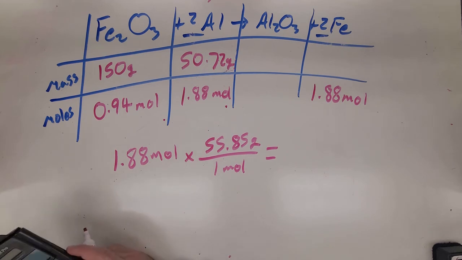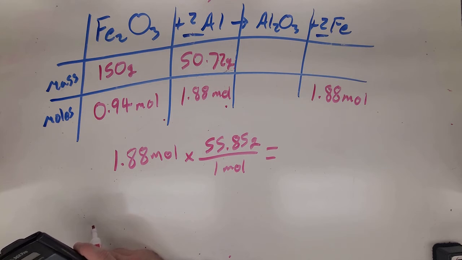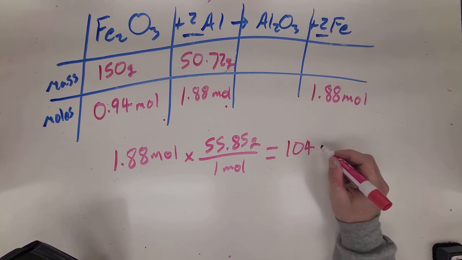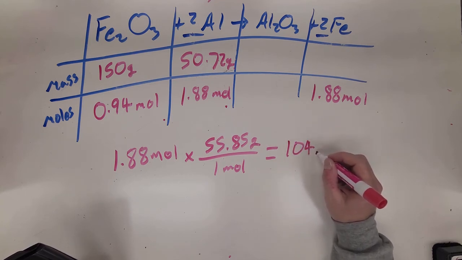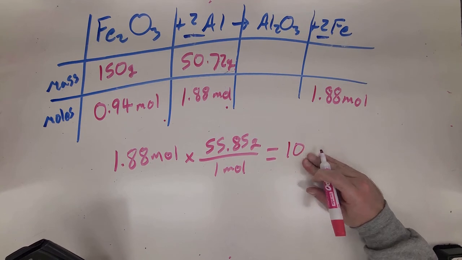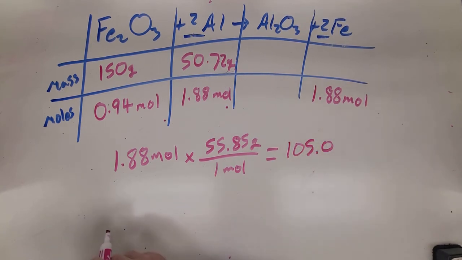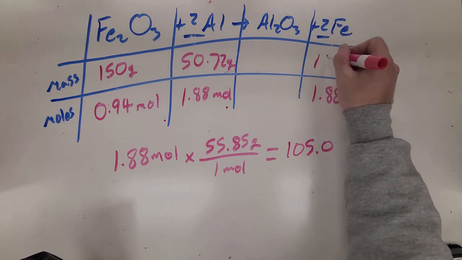And if we reacted that amount of iron oxide and aluminum, we would get, or should get, about 104 grams, 105 grams of iron.